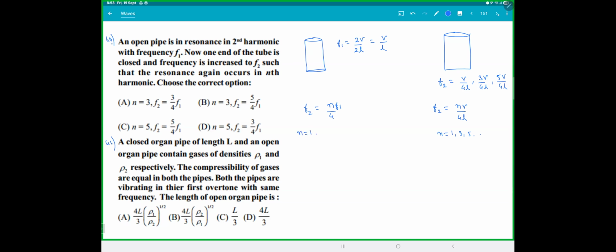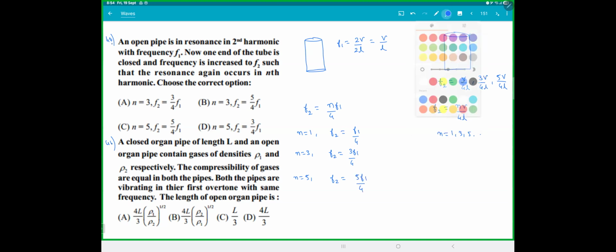If we take N is equal to 1, we get F2 is F1 by 4. When we take N is equal to 3, F2 is 3 F1 by 4. And take N is equal to 5, F2 is 5 F1 by 4.